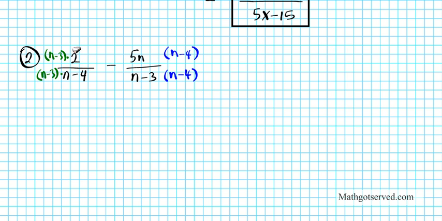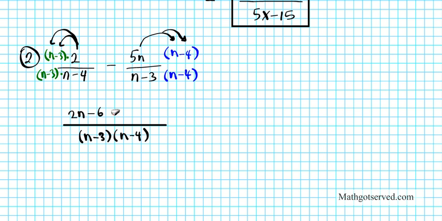So on the numerator, I'm going to distribute 2 to n minus 3. And then here, I'm going to distribute negative 5n to n and 4. We don't need to bother with the denominator. We'll leave the denominator in its factored form because we do not desire to have it combined. So the denominator is going to be n minus 3 times n minus 4. Now if you distribute 2 to those terms, you have 2n minus 6. And then minus 5n times n is negative 5n squared.